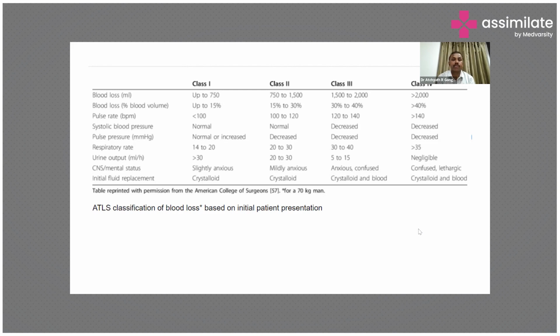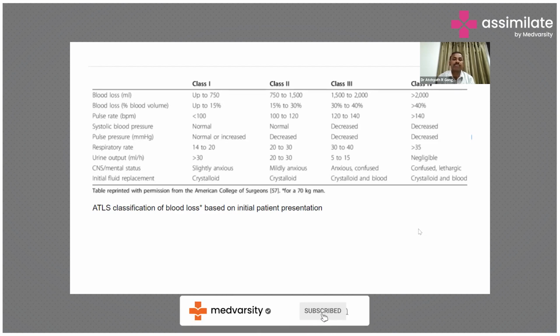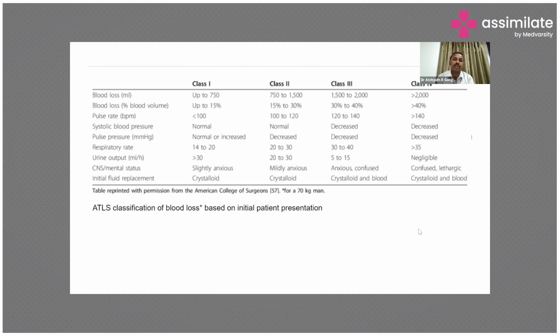So the class 1, which is sort of compensated shock, blood loss can be up to 750 ml in a 70 kilo person, and the percentage of blood loss is about 15%. So up to 15% falls into class 1, where the pulse rate is less than 100, the systolic blood pressure is normal, the pulse pressure is normal or increased, and the respiratory rate is on the higher normal side, urine output is almost within normal limits of more than 30 ml per hour.